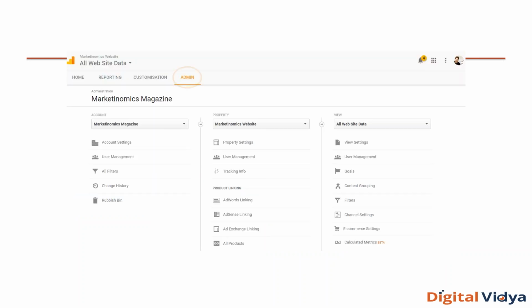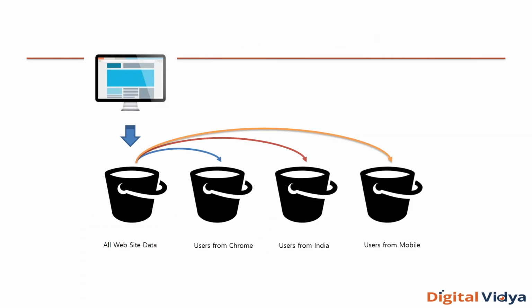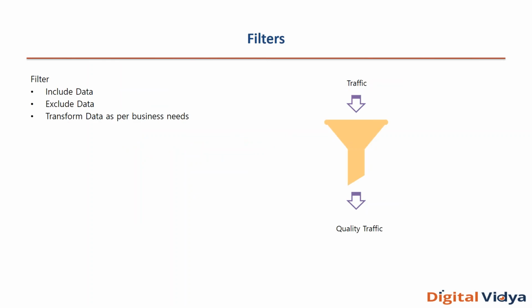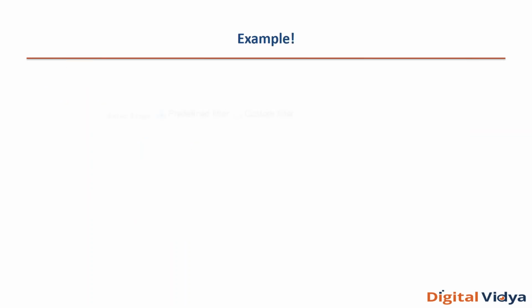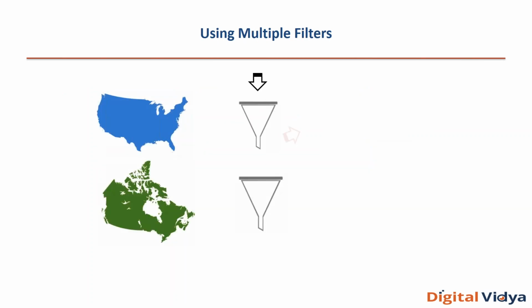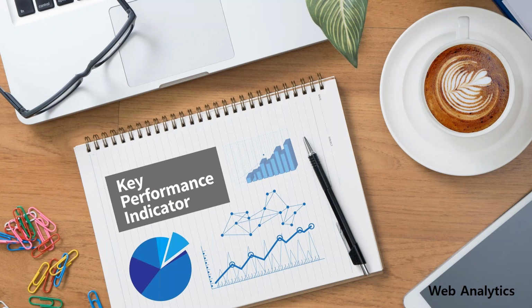We also learned that views are basically just a copy of all website data, and you can create a specific view by adding filters to it, ensuring the right kind of things come into it. We spoke about how to apply IP filters, geography filters, and applying multiple filters in an AND or OR condition. So this is where we stopped.